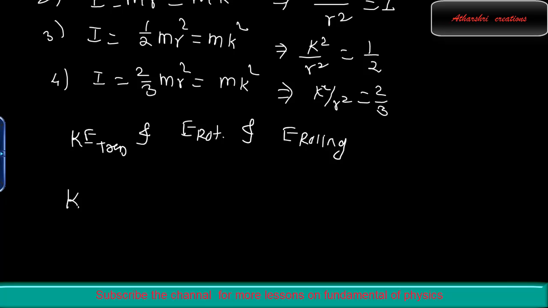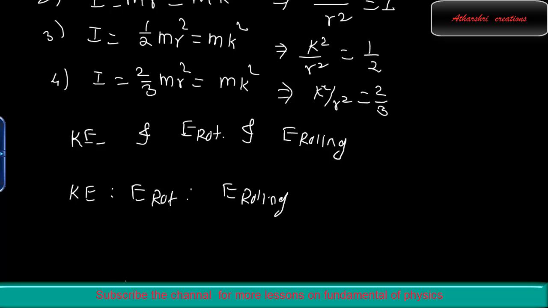That means we can write kinetic energy in translatory is to kinetic energy in rotatory is to kinetic energy in rolling motion.